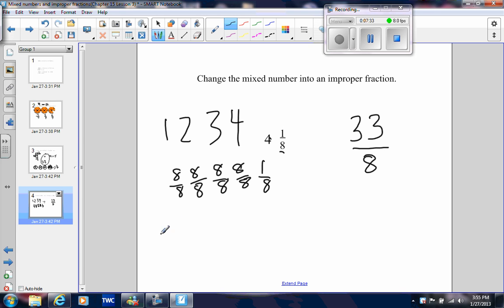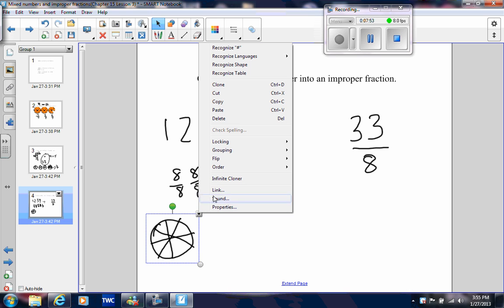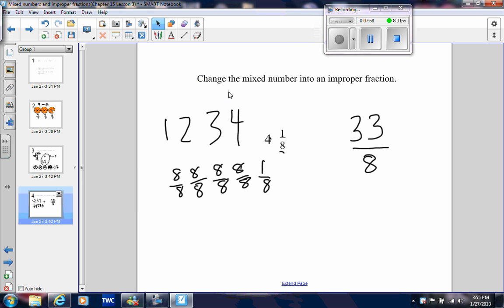So again, it's kind of nice to have a picture here. There's halves, there's fourths, there's eighths. All right, rather than draw this over and over again, I'm just going to clone this thing.